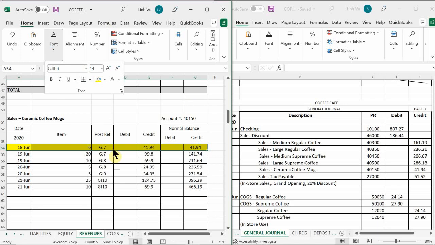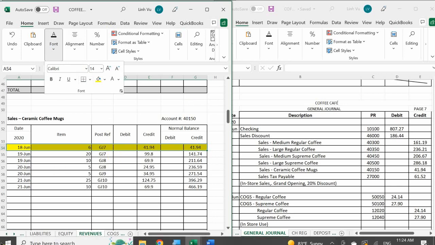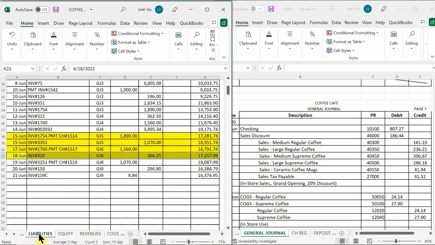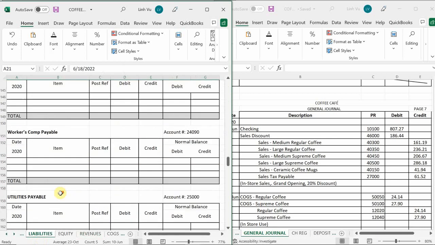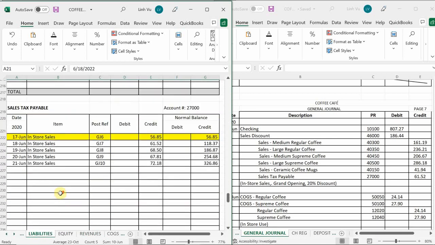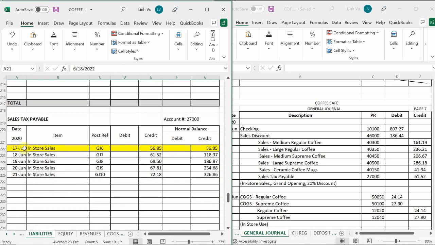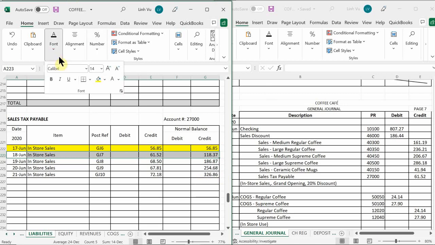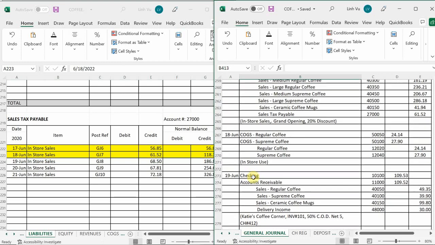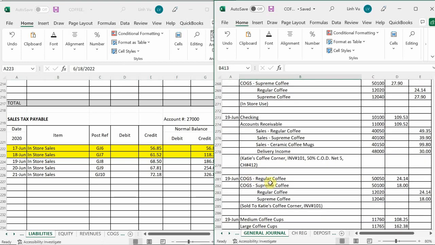Okay. And of course, sales tax. We've collected for sales tax was $61.52. So far so good. I don't know where our mistake is. Okay. We have to update our coffees.